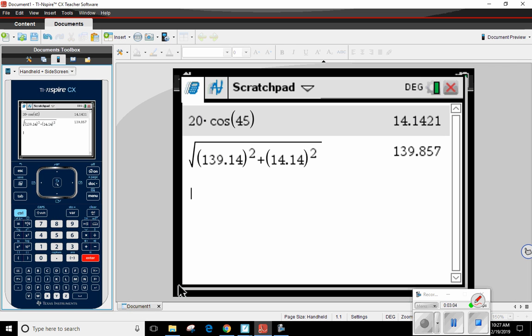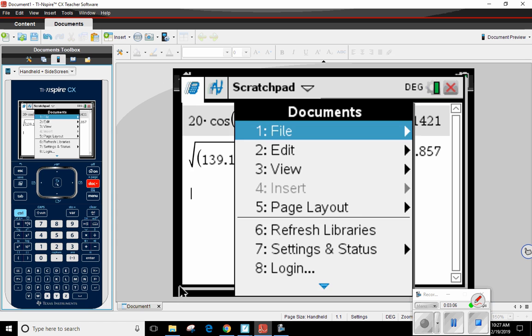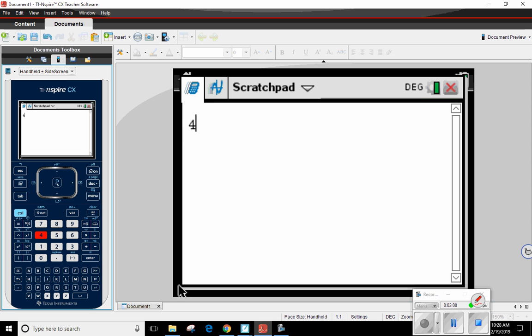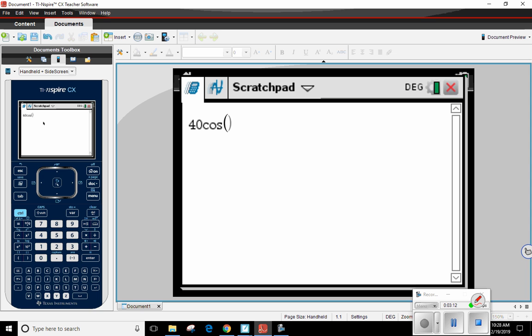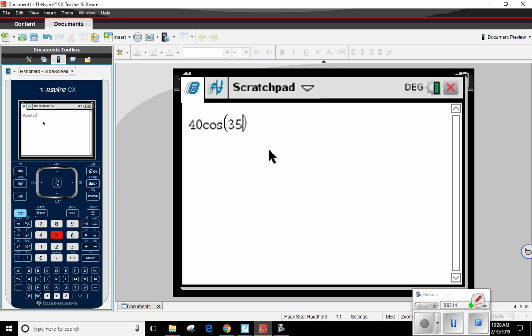And let's go ahead and determine what those are going to be. So 40 cosine 35, let's get rid of this real quick. So 40 cosine 35. What am I going to get when I push enter here? Okay, so let's say 32.77.